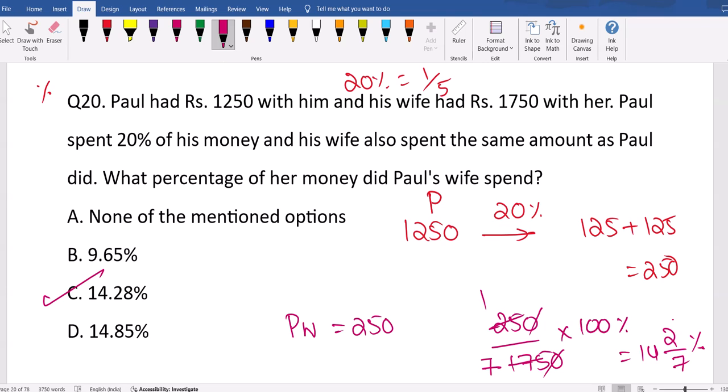Option C, 14.28%. In fact, it will keep going, it will not stop at 14.28. They have to say approximately in the question when none of the options is exact. But in fact, 14.28 is okay. No issues.